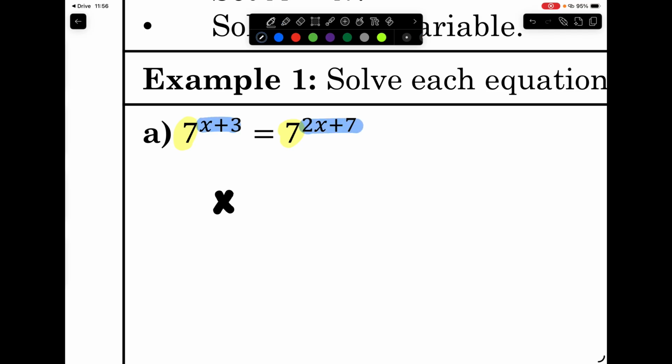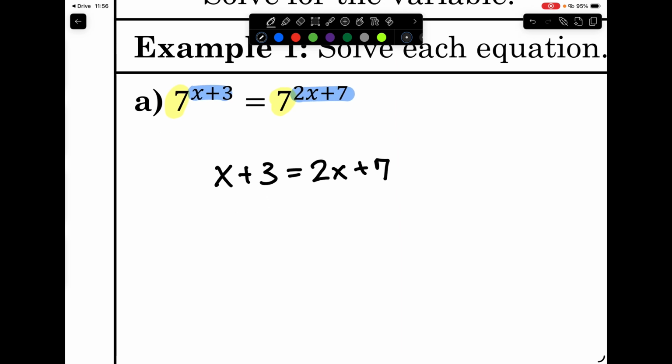So x plus 3 equals 2x plus 7. Now we simply solve this equation. Because it's a linear equation, we're going to do letters to the left, numbers to the right. So I'm going to move the 2x to this side, and I'm going to move the 3 to the other side. I'm going to have a positive 1x, and since I'm moving the 2x to the other side, it becomes negative 2x.